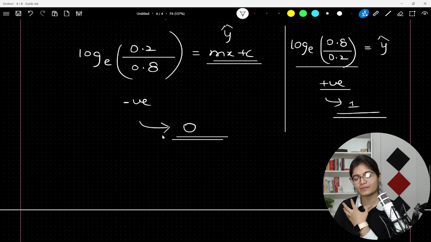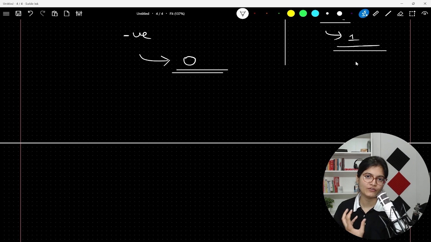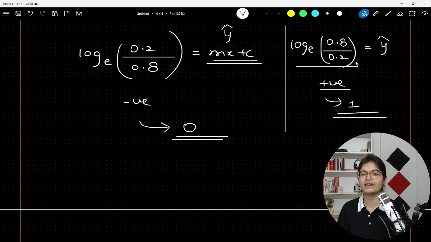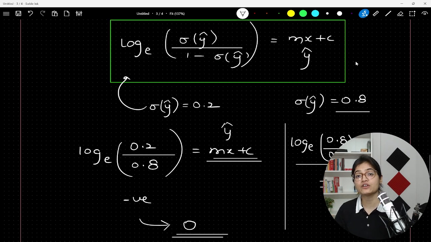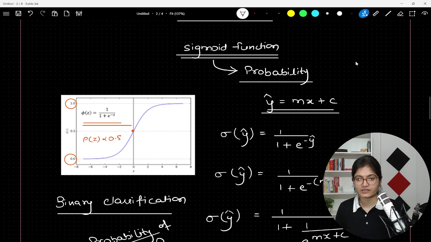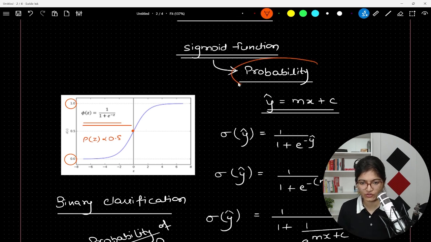A negative number indicates it belongs to class 0. If we have a higher probability, the value will be positive. It indicates that the class will be 1. That is how it solves the problem of a binary classification task in a logistic regression algorithm. So the entire process is based on how we are computing the probability.